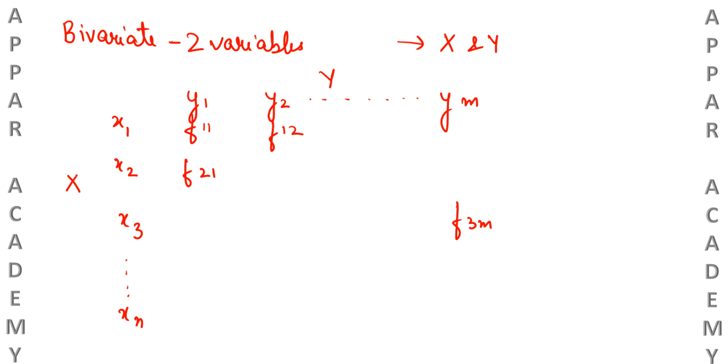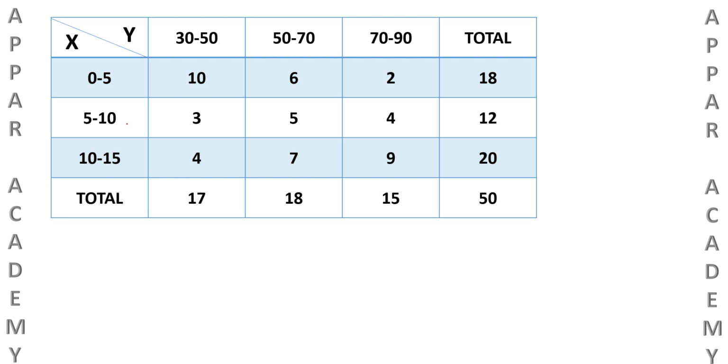For this, we'll directly move into a question and understand how it is actually done. Let us suppose we are given data such that the frequencies are represented like 10, 3, 4, 7, 5, 6, 2, 4, 9, with x's represented in rows and y's represented in columns. So the frequency that x lies between 0 to 5 and y lies between 30 to 50 is 10.